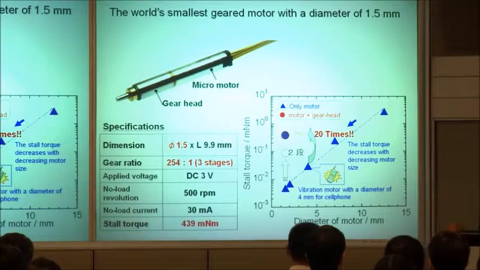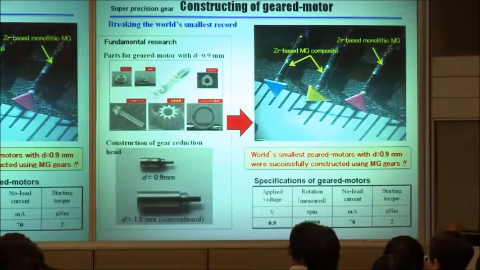That's a very high torque. And you can buy this one. The company is Namiki Seimitsu Corporation.